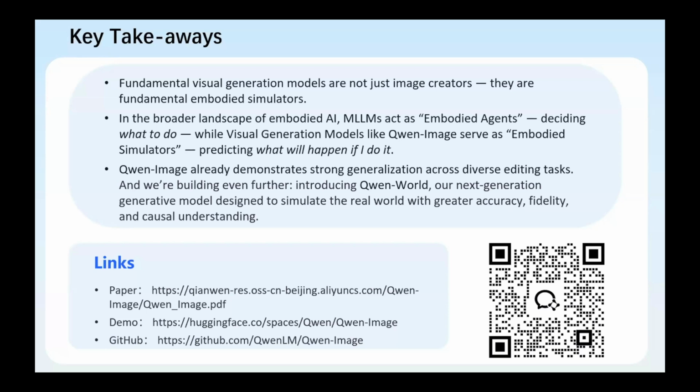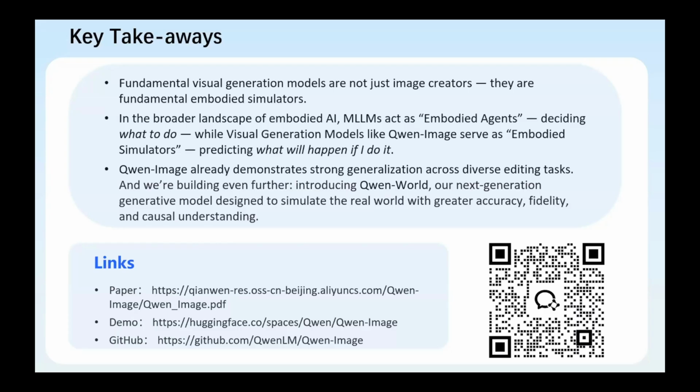The second, in the broader landscape of embodied AI, I believe multimodal large language models act as embodied agents, deciding what to do, while visual generation models like Qwen-Image serve as embodied simulators, predicting what will happen if I do it. So together, they form a powerful feedback loop from perception, decision, simulation, and action.